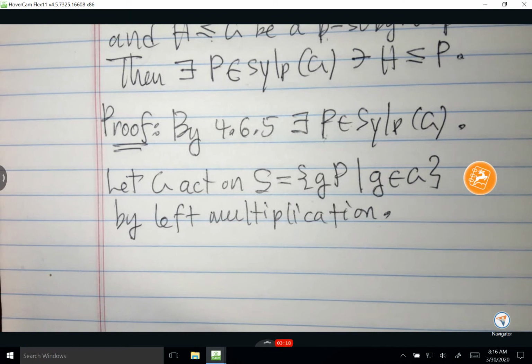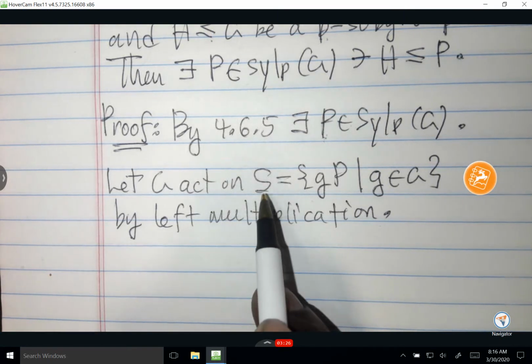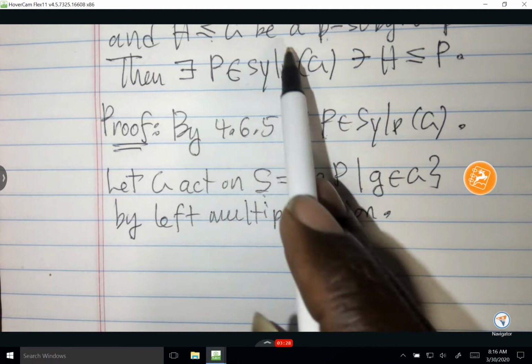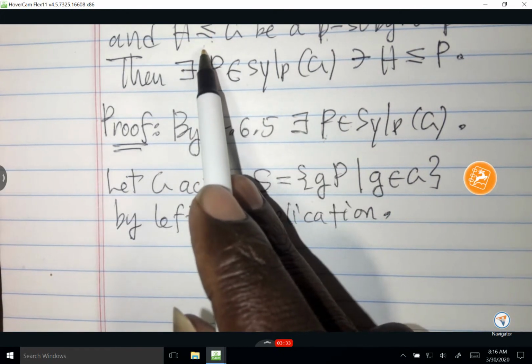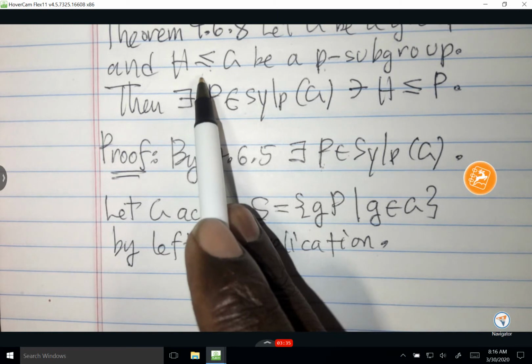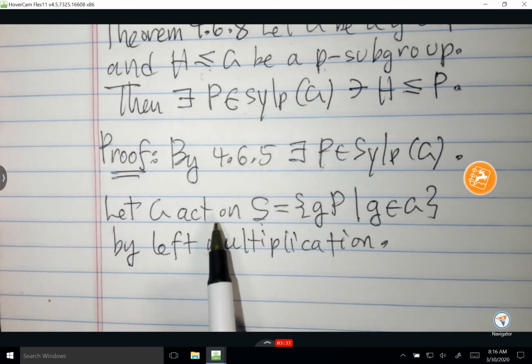Since H is a subgroup of G and G is acting on S, we know H acts on S in the very same way.